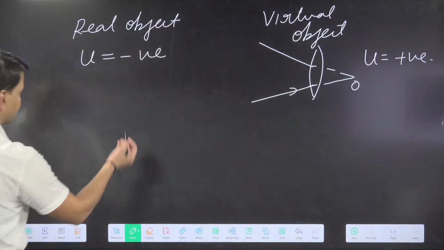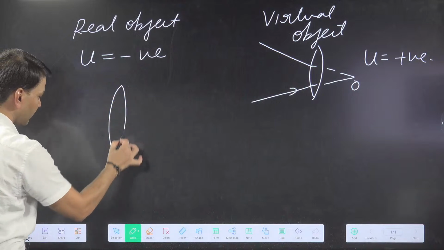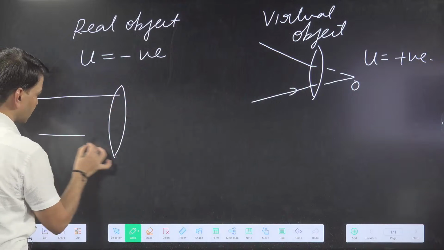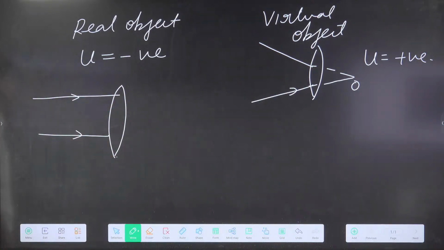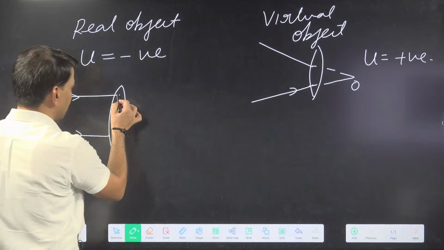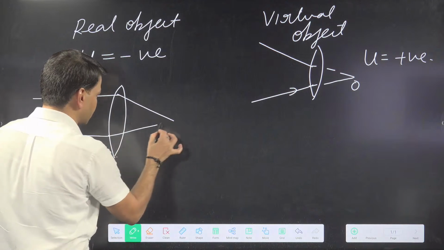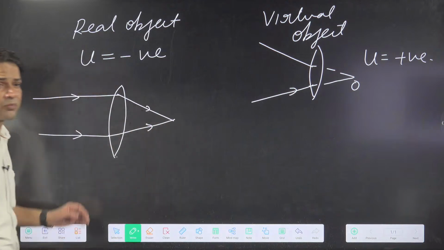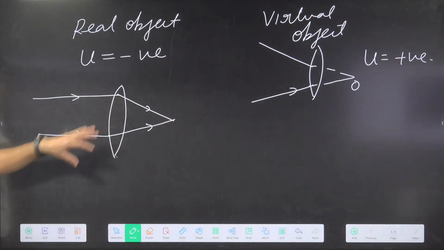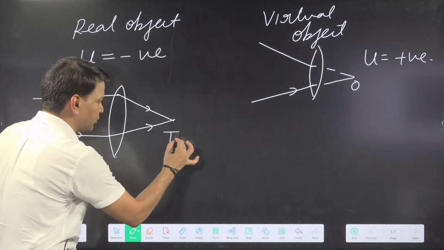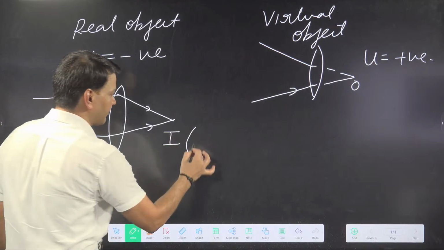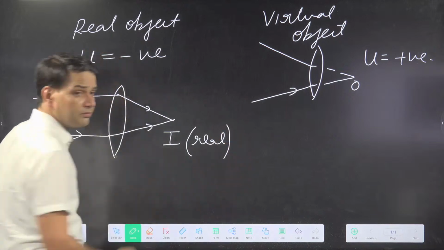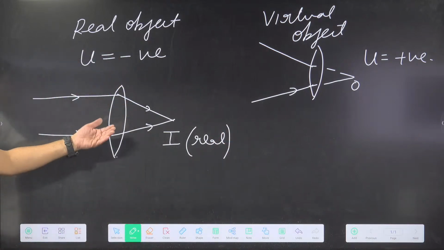Okay, like suppose I am saying this is a convex lens, parallel beam of light is falling on the lens. After that it will converge. Now what happens here? Light rays are actually meeting at this point, so we can say it is the position of the real image, so I will be the real.